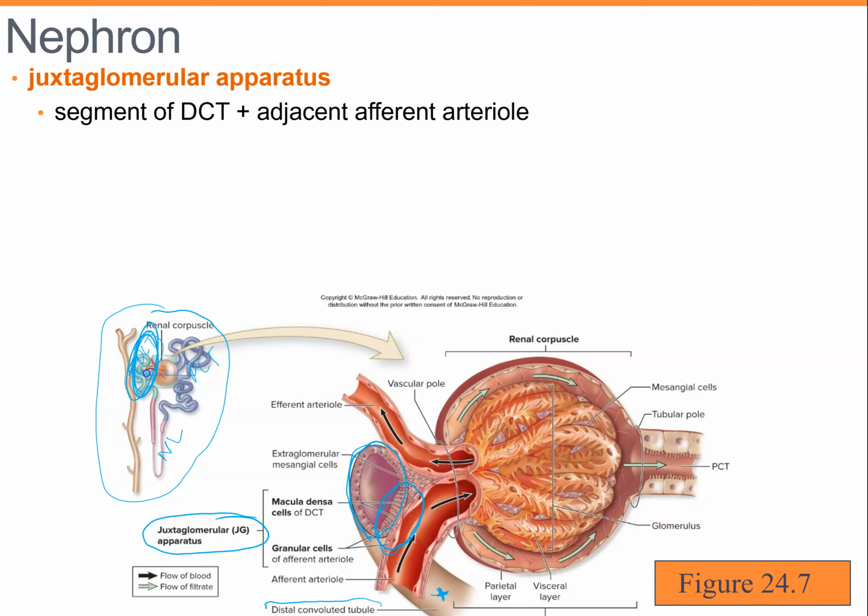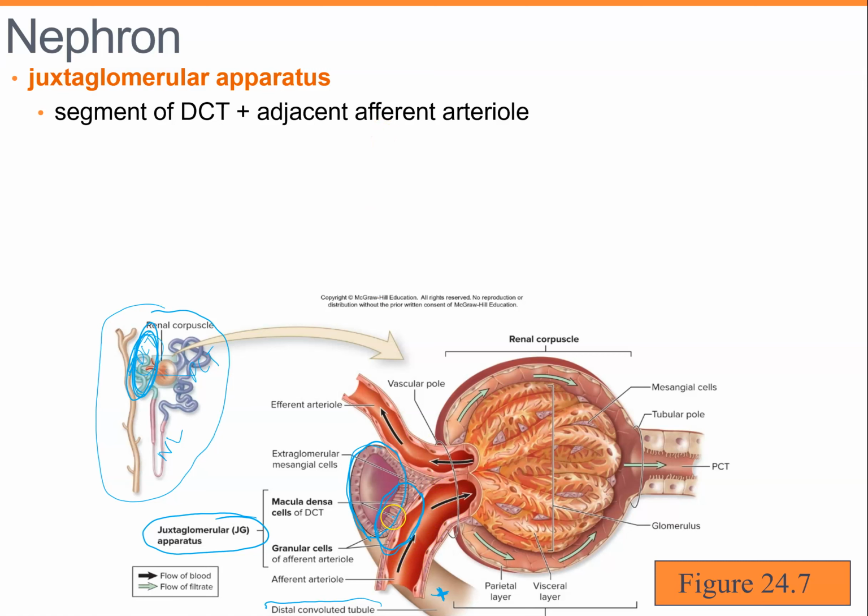It's what you're seeing right there. This is the distal convoluted tubule that's been sliced so that you can see the inside of it. Crazy, I know. All right, so this apparatus is part of the distal convoluted tubule that's right here next to the afferent arteriole.